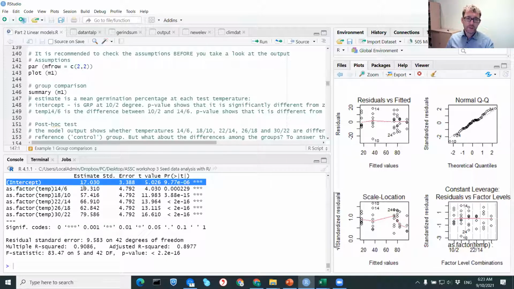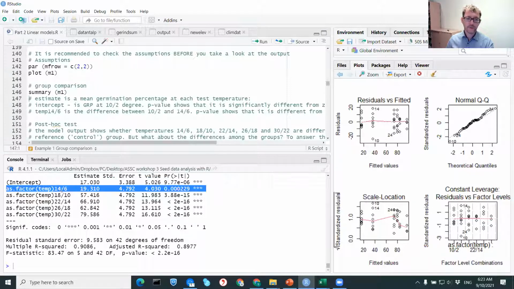Now, it's a bit confusing, or actually very confusing here. The next number, the next estimate for the temperature 14.6. Let me think about it. This actually is the difference. It's not the average germination percentage at the temperature 14.6, but the difference between germination at 14 degrees and the germination at 10 degrees.